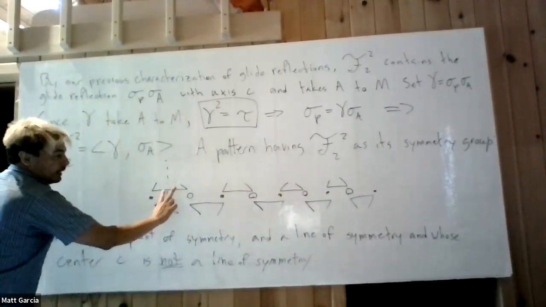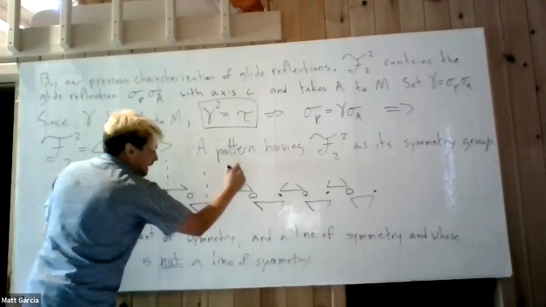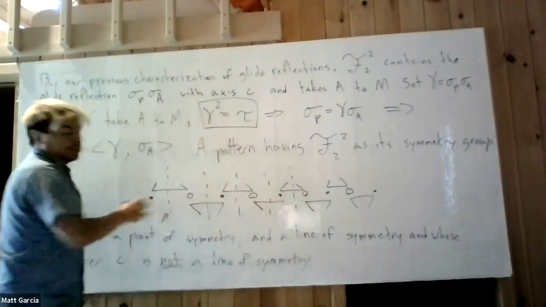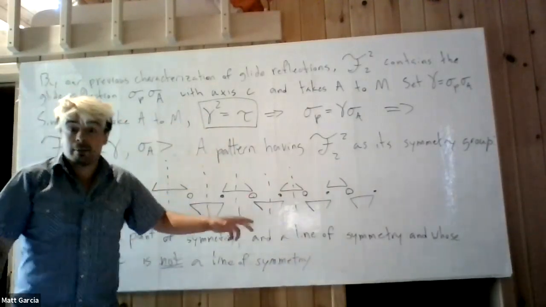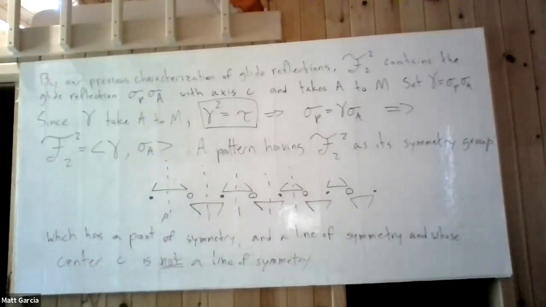You see that by flipping about this line, and in fact any of these translated versions of that, the perpendicular bisector of any AI and MI will keep this pattern fixed.